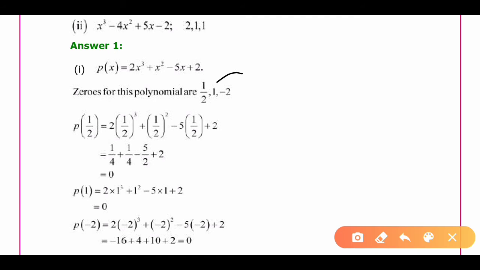Now we will replace the next zero, that means the next solution in this equation, that is minus 2.